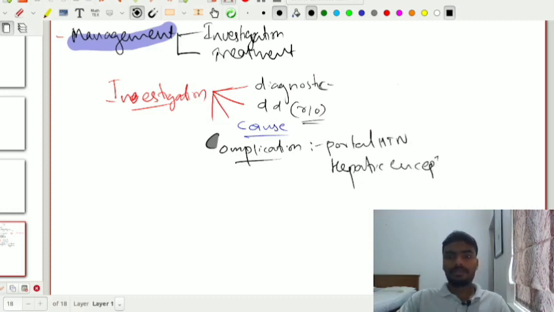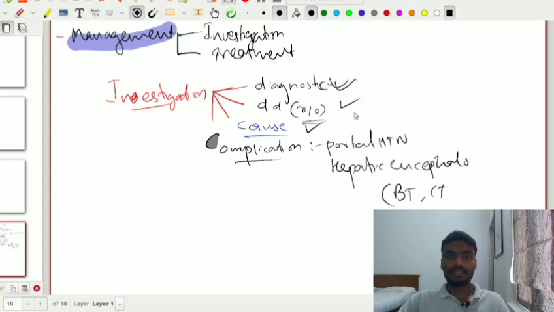So how will you rule out hepatic encephalopathy? The bleeding time, clotting time. These components are not usually told while thinking in this manner. So include that also in your mind: BT, CT, bleeding time, clotting time, then serum ammonia levels, the investigation and what will be the findings if that one is present. That means the serum ammonia levels will be elevated. You think in that way while writing the investigation.